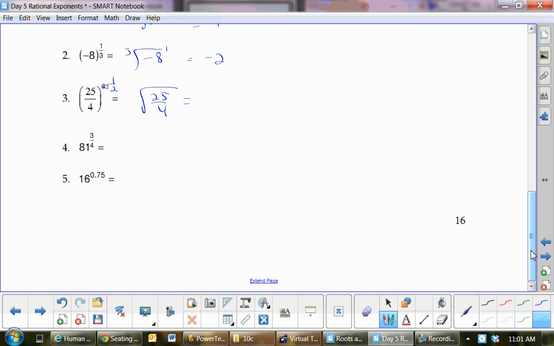So this is the same thing as, if you really wanted to write it like this, root 25 over root 4. Now you can split it up like that. What's root 25? Over 2. 5/2. So obviously the goal of this is for you to be able to do them without calculators.